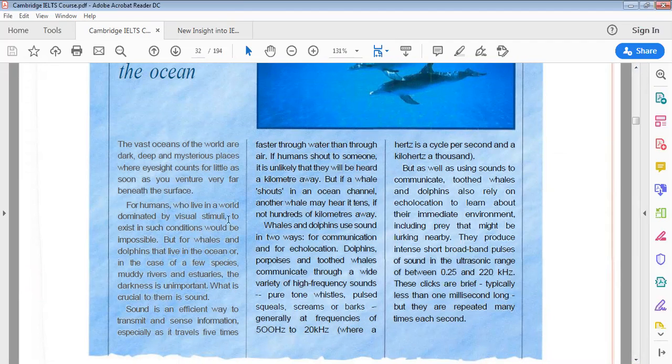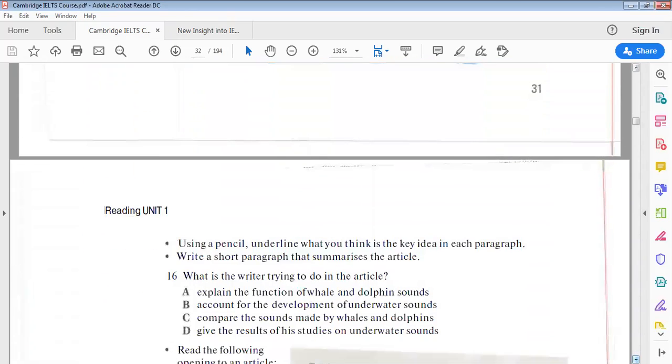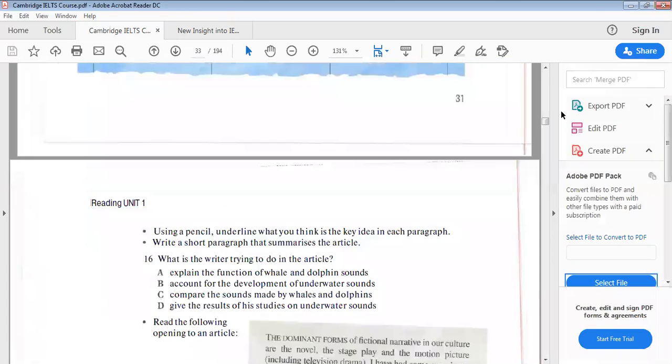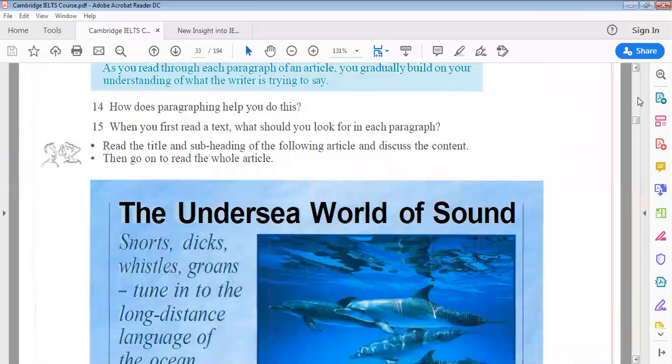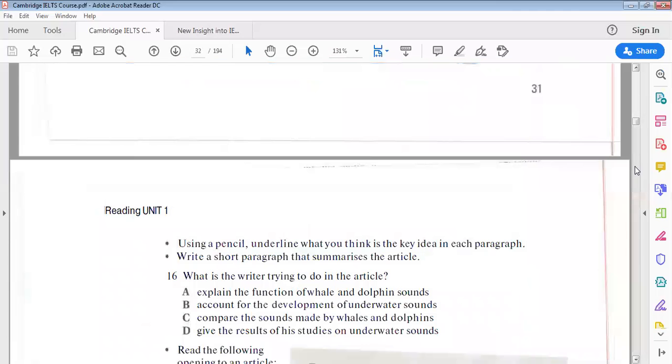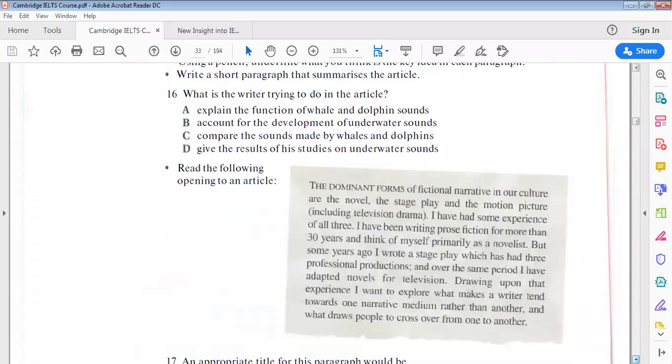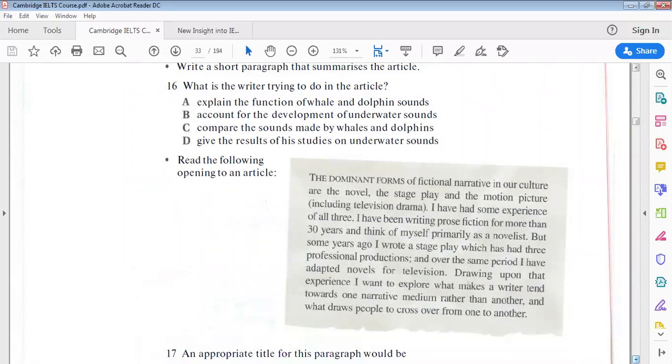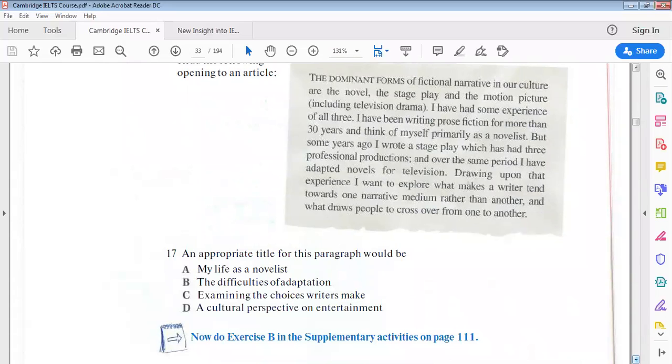It's the same paragraph, but the text format and the picture are different. Explain, compare with the results of his studies.